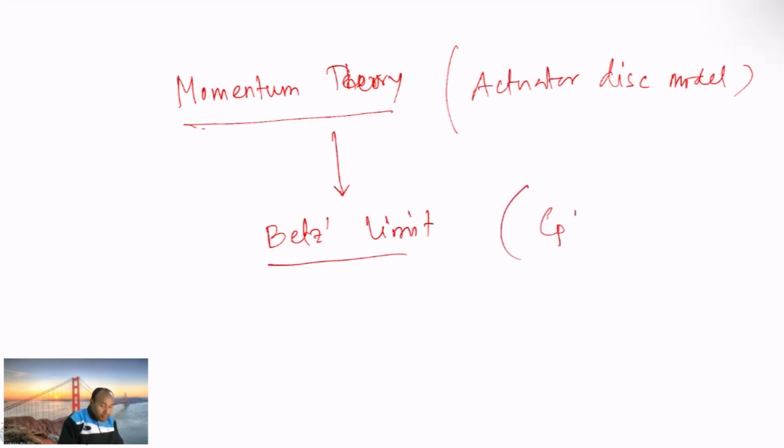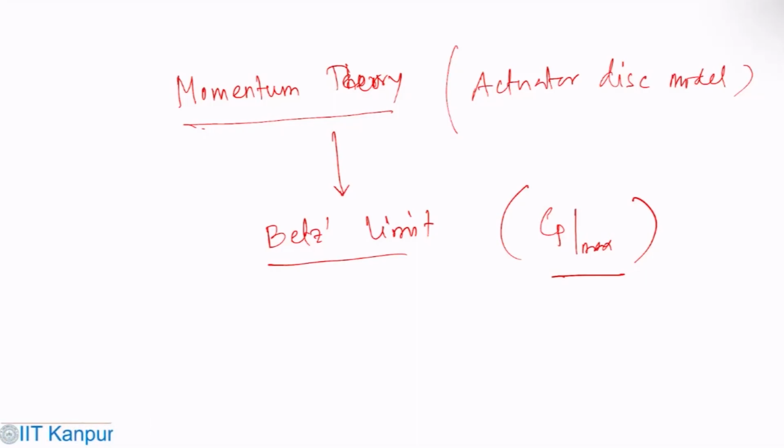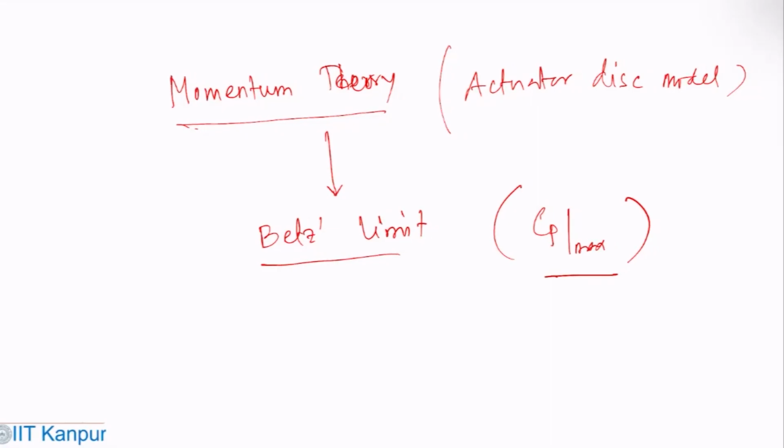This is essentially the CP max, the maximum power coefficient that a particular turbine can have. Earlier we have talked about it, but now we are going to see how that is arrived at, or achieved. So we start with this.